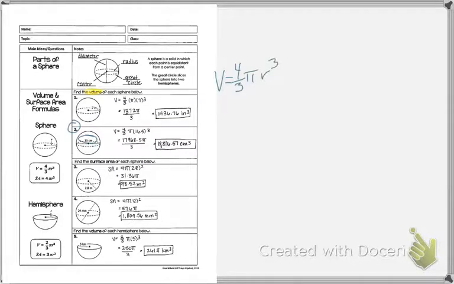So I need to know the radius. So if I look at 33, well, my diameter equals 33. That means my radius has to be 33 divided by 2, which is 16.5.